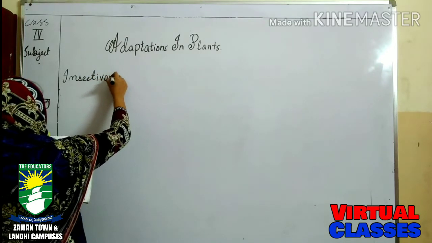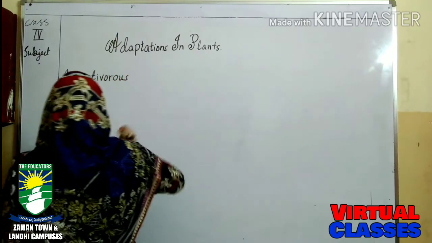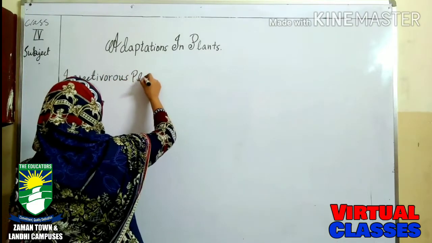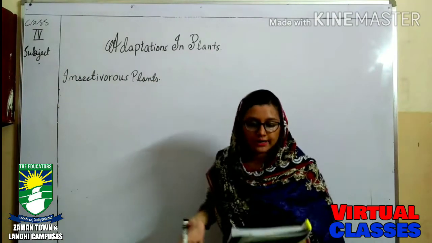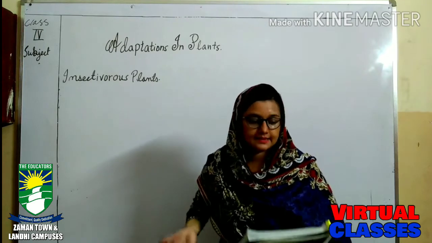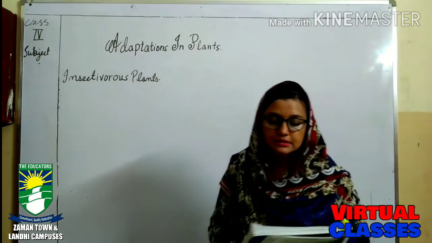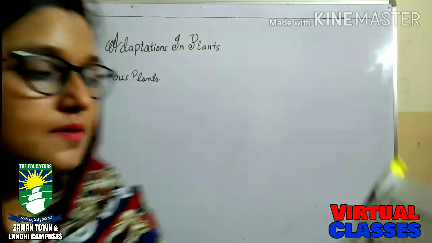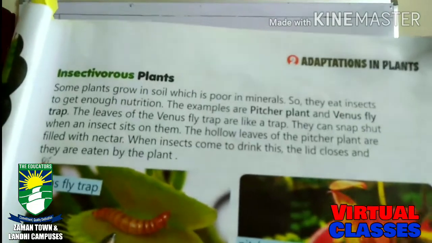Some plants grow in soil which is poor in minerals, so they eat insects to get enough nutrition. You can see both are examples of insectivorous plants. The Venus flytrap is one.